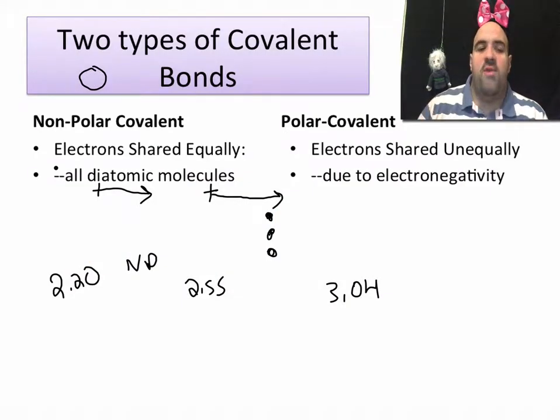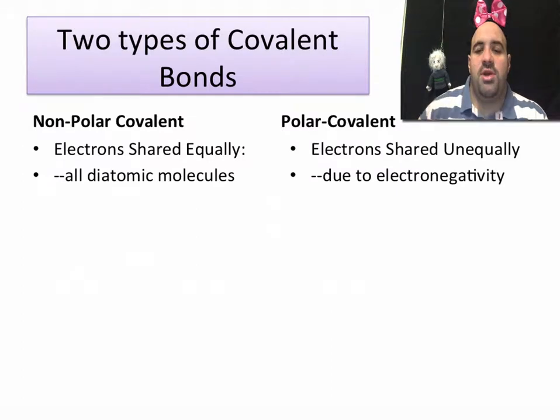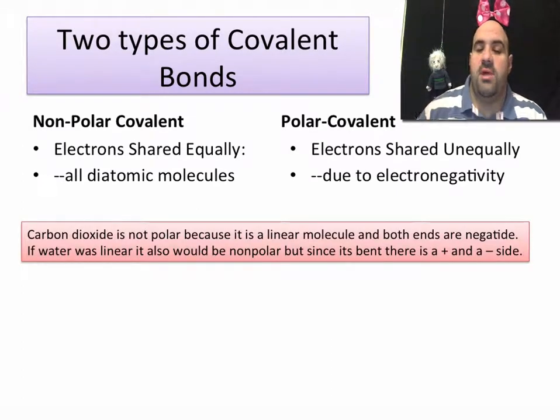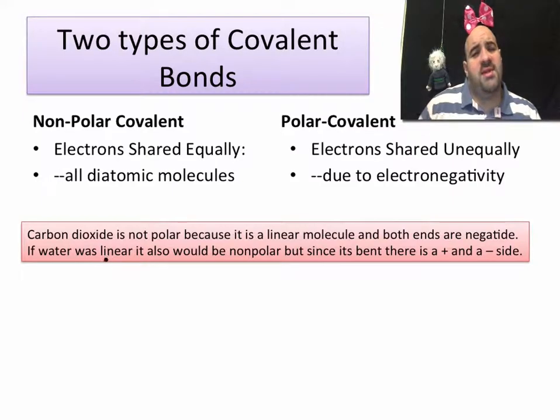So the idea is that in polar covalent bonds, electrons are shared unequally due to electronegativity differences, and in nonpolar bonds, they are shared equally. And we talked about carbon dioxide versus water. It's a good case study. Carbon dioxide has polar bonds, but it's not a polar molecule because it's linear and the dipoles cancel, whereas water is a bent molecule, so it is polar. That's electronegativity. Mr. Spohn.